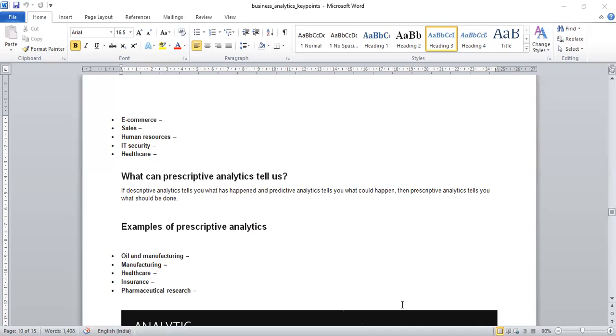Also customer service, which can help a company gain a better understanding of who their customers are and what they want in order to tailor recommendations. And fraud detection and prevention.